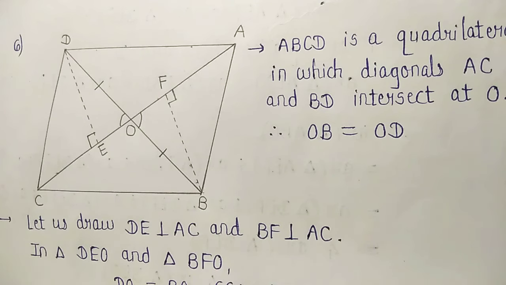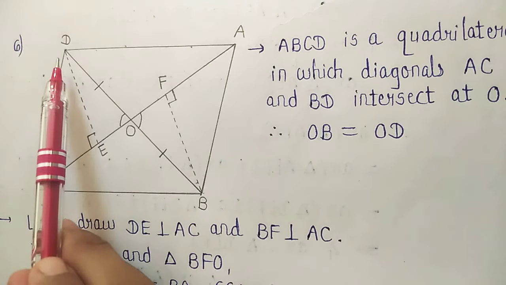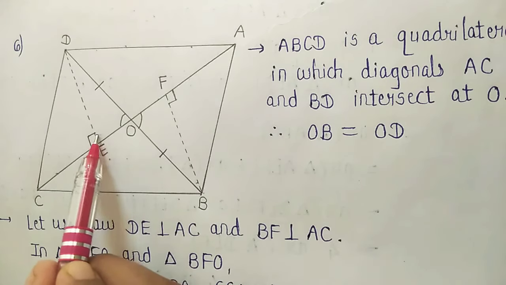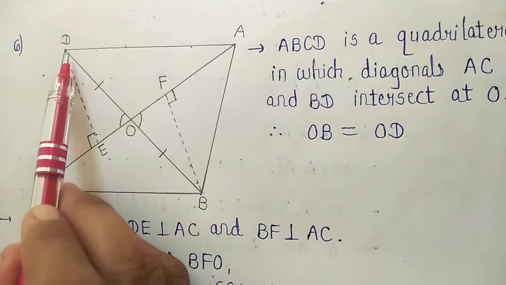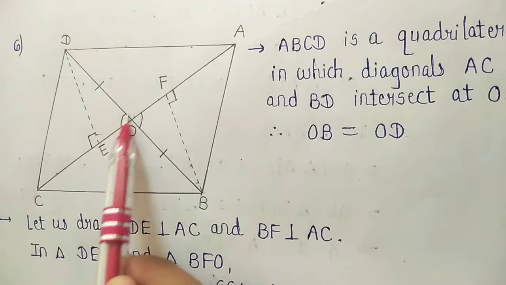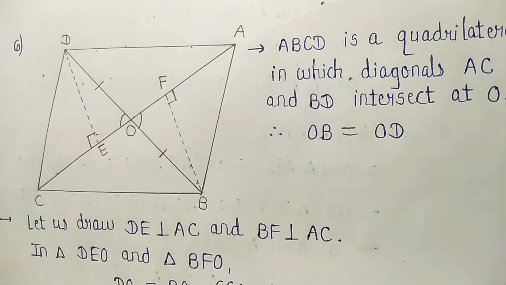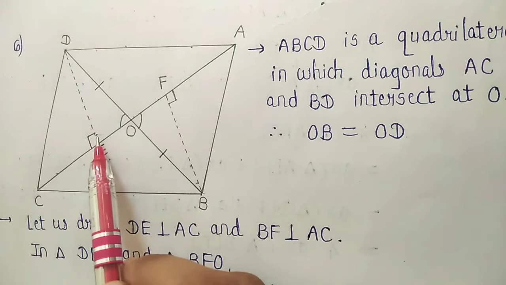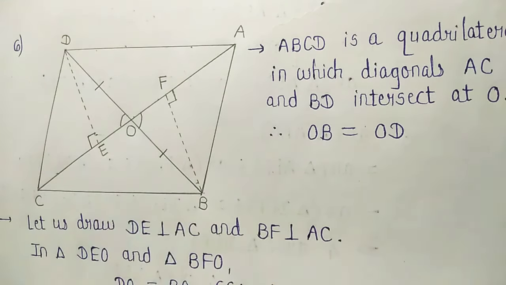Refer to the figure. We have written angle DEO, this angle. We have written angle DOE, this angle. And we have written DO, side. Okay. So this is angle, angle, side.